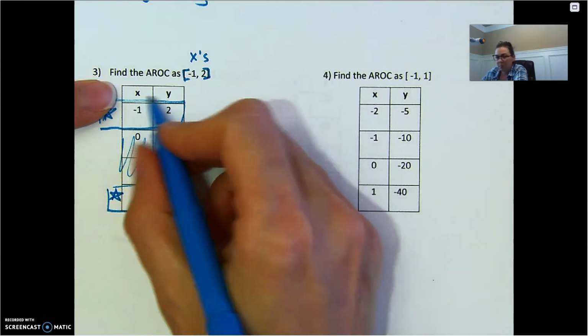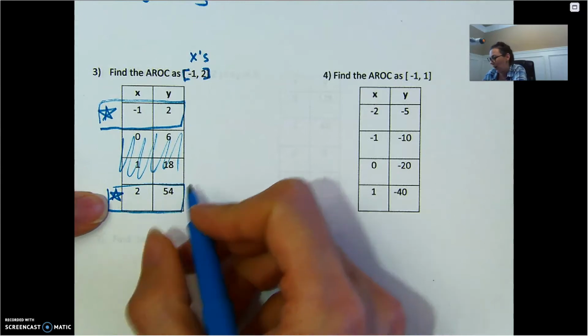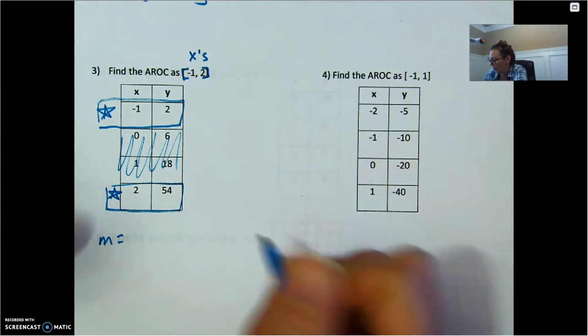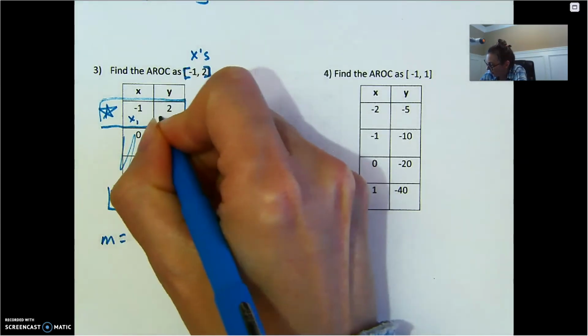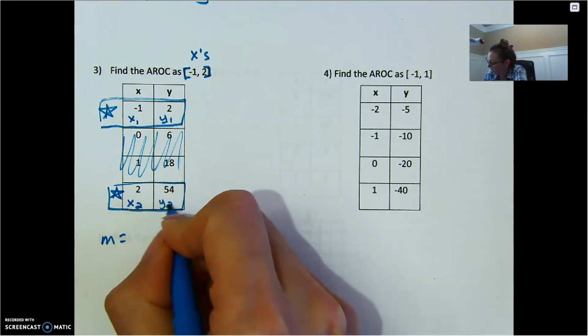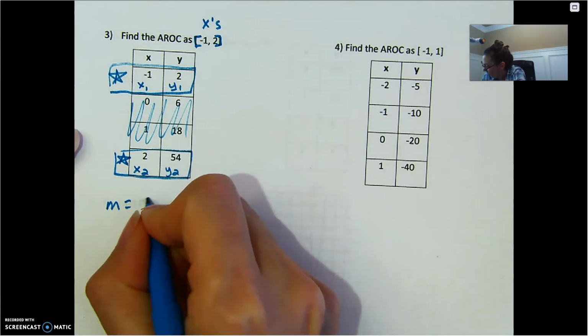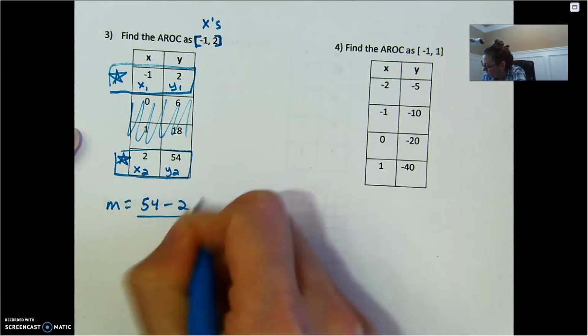This is my first x and my first y. This is my second x and my second y. So I'm ready for my slope formula. How about some labels? Let's see if that helps you. First and the second. The formula puts y2 on top minus y1, so we've got 54 minus 2.